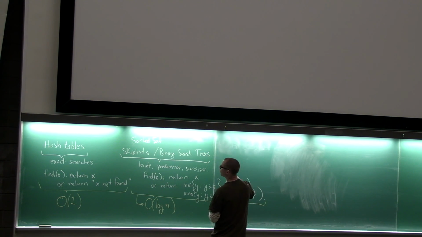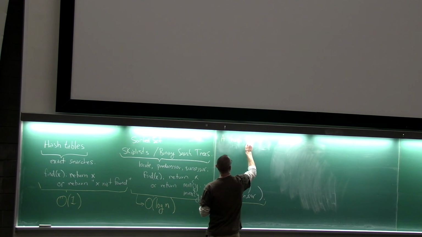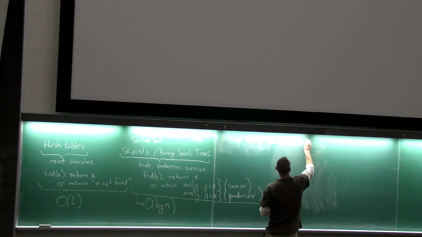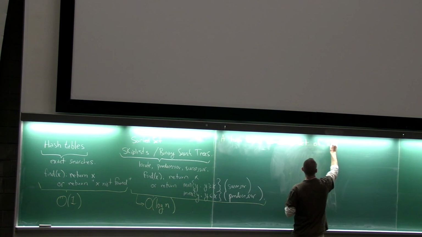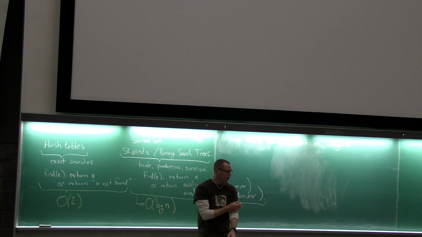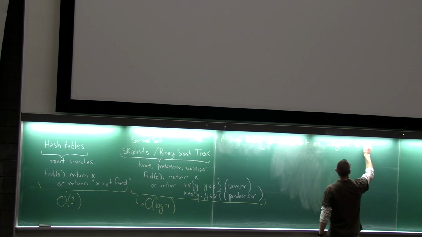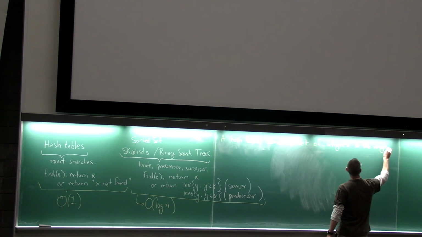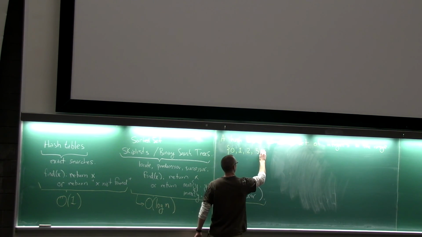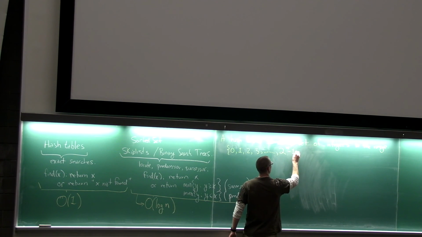We're going to imagine for now that a hash table stores a set of integers, and we'll say they're a subset of 0, 1, 2, 3, all the way up to 2^W minus 1.